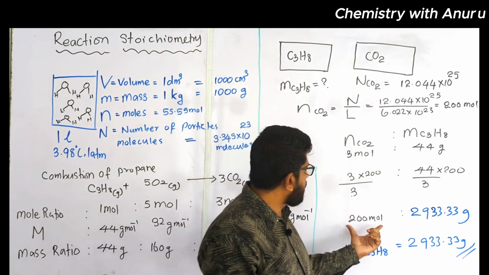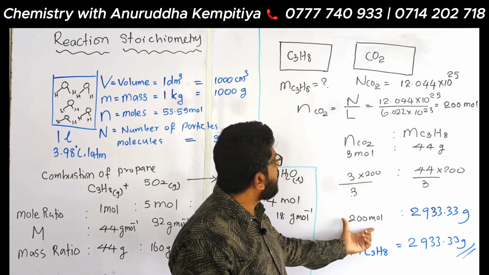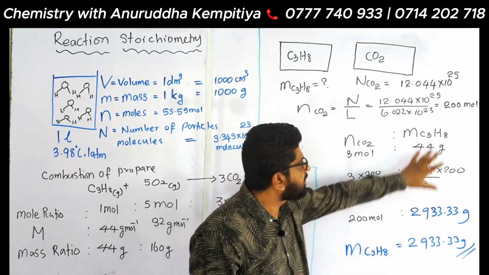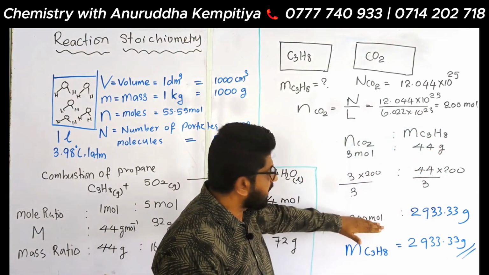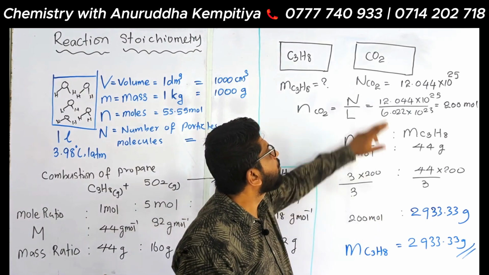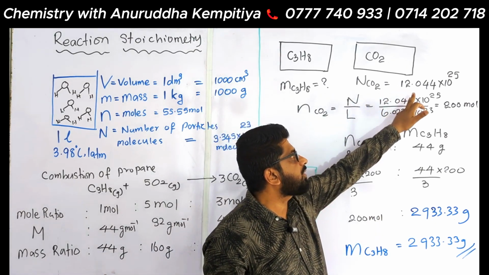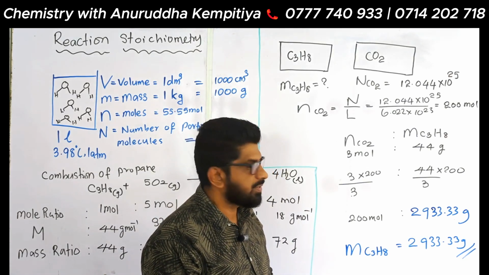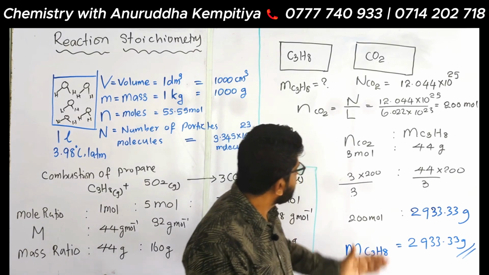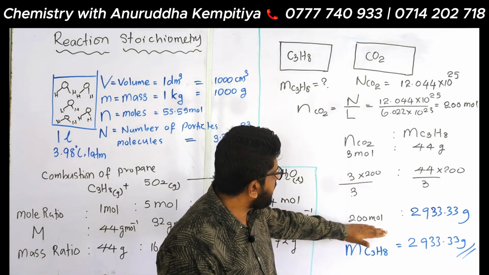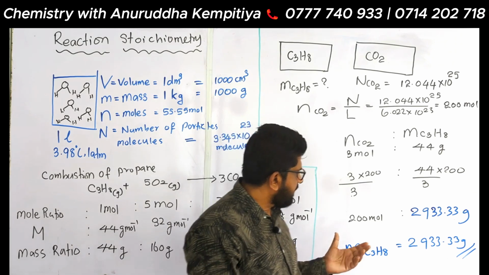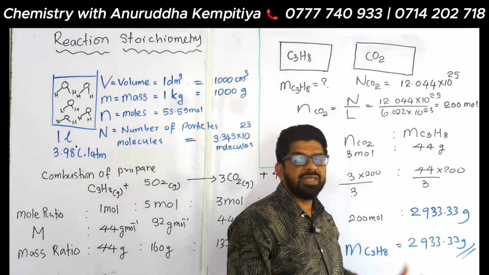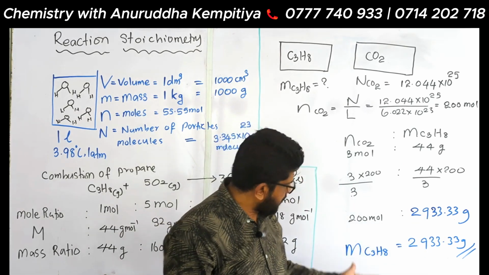Right. Then 200 moles is the moles of carbon dioxide, equivalent to 12.044 times 10 to the power 24 molecules. Then 200 moles requires the mass of propane 2933.33 grams. That is the mass of propane. So that is the answer.